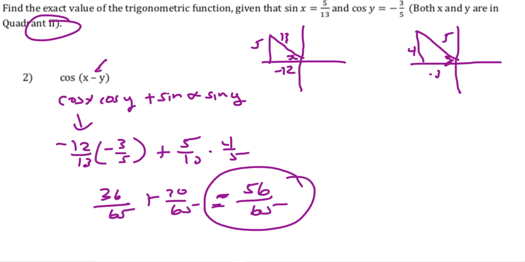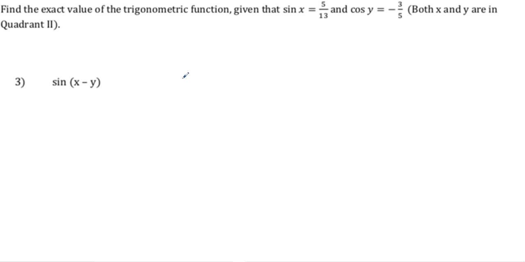Okay, moving on. We've got one more. I think we've already done enough of these. I'm at 7 minutes and I've got to get going. Basically we do the same thing. I could set it up for you real quick. Since we're doing sine of x minus y, you know what that's going to be.